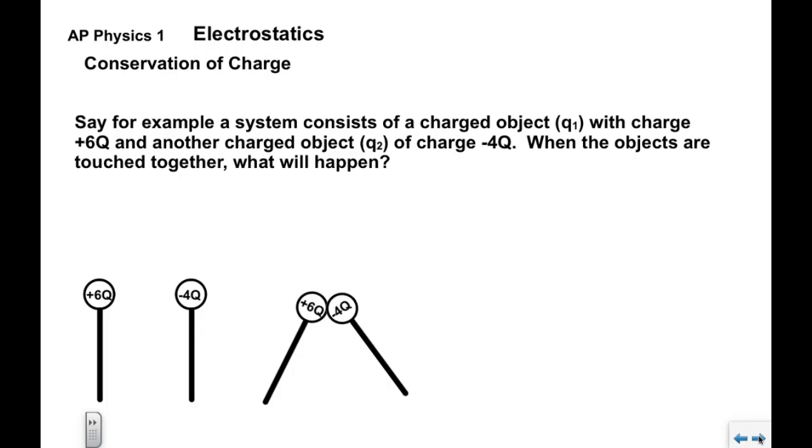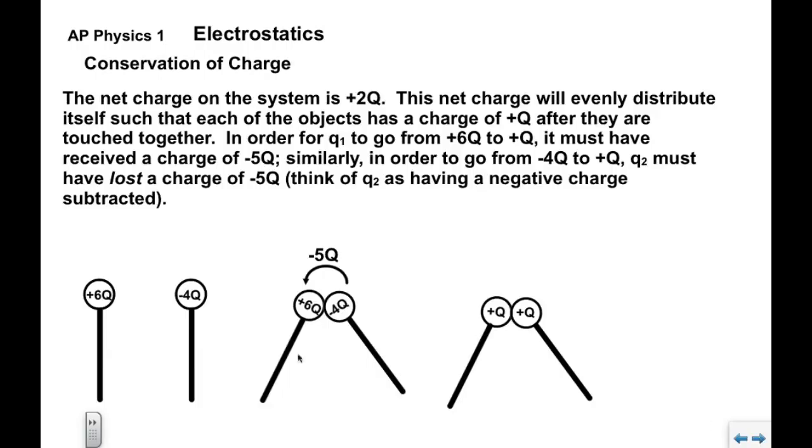So here's an example. We have a charged object, Q1, that has some charge plus 6Q on it, and another charged object, Q2, of charge negative 4Q. When the objects are touched together, we want to know what's going to happen. So what we see is that the net charge on this system is plus 6Q minus 4Q.